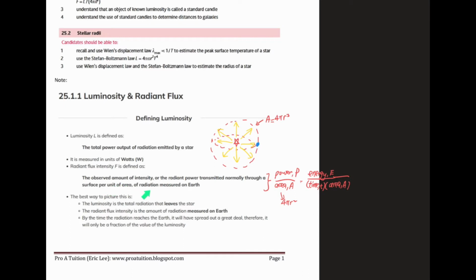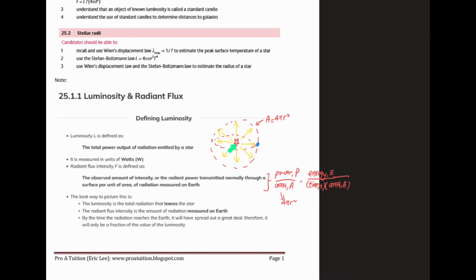Now we look at the next point. The best way to picture this is that luminosity is the total radiation that leaves the star. Like I said, the star emits power, or light, in all directions. That is luminosity. The radiant flux intensity is the amount of radiation measured on Earth. So this is the Earth.